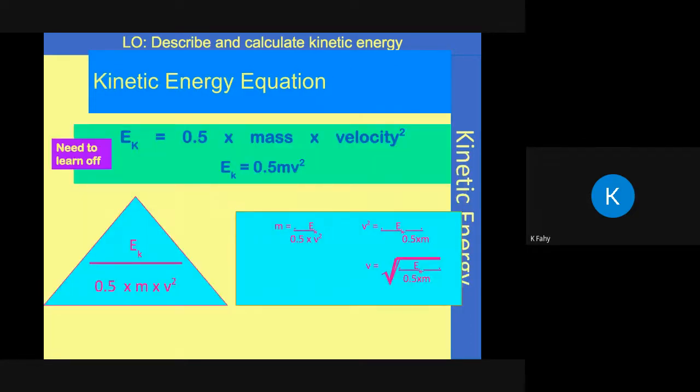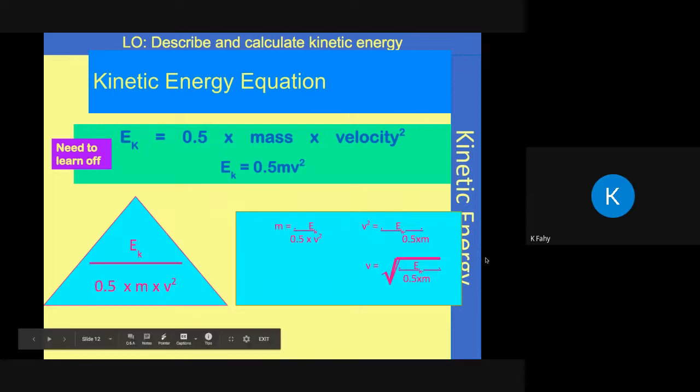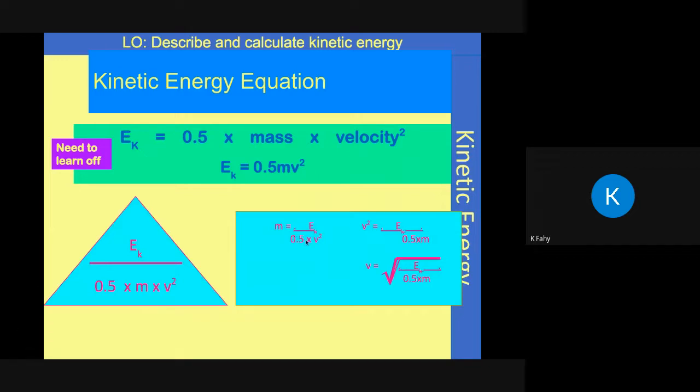So our different equations, you can see here that mass is energy, so kinetic energy divided by a half times velocity squared. Velocity squared is equal to kinetic energy divided by a half times mass. I'm sorry, my PowerPoint has kind of moved everything a little bit on me.